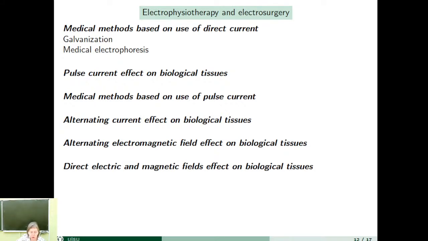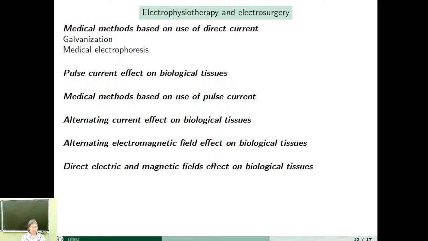Due to ion shifting, the ions form an electric field in tissues. This opposite field partly compensates the external field. Tissue polarization electromotive force is induced and it reduces current.